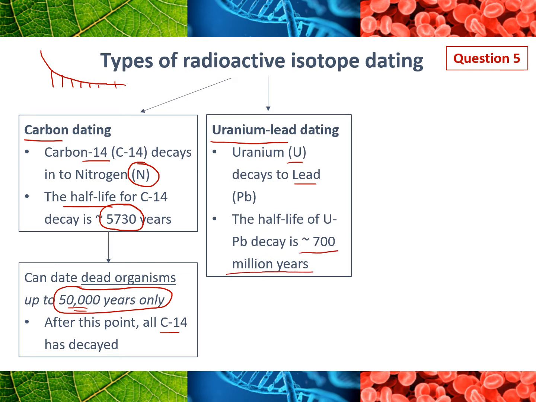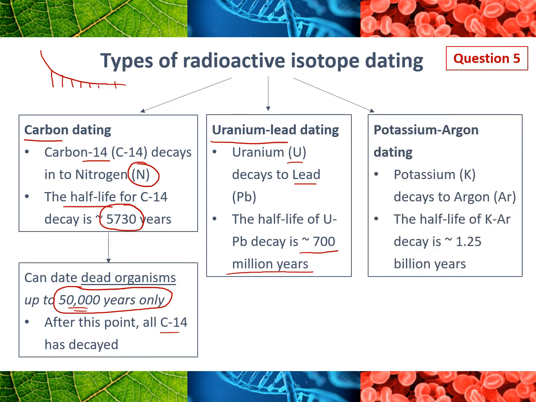Okay, so we are talking huge amounts of time because this decays very, very slowly. Again, you don't need to know that number. You don't need to know the half-life. You do need to know that it can be used to date very old rocks and fossils.